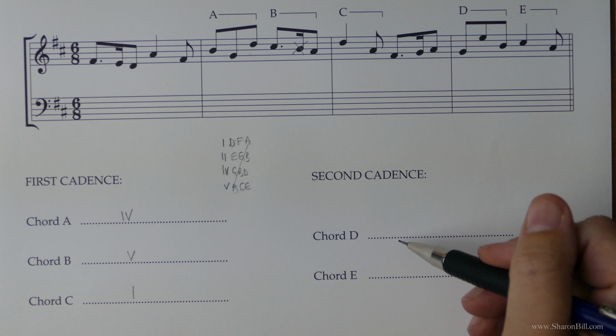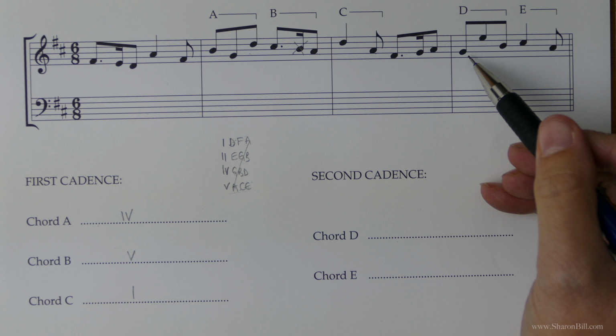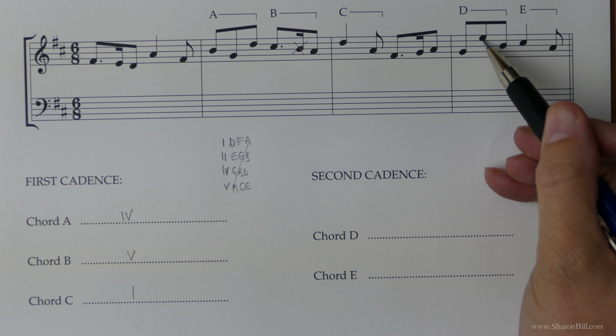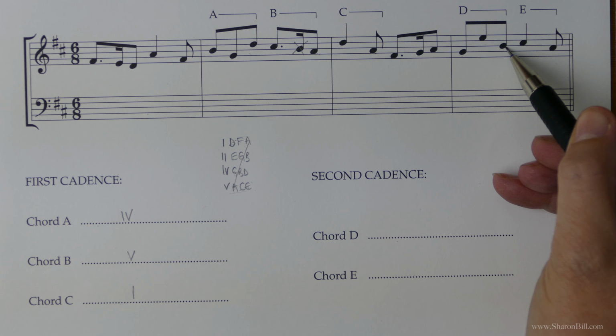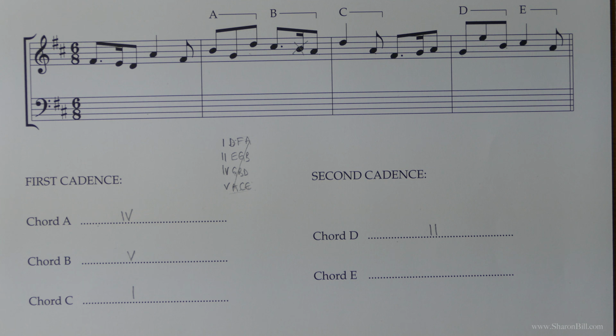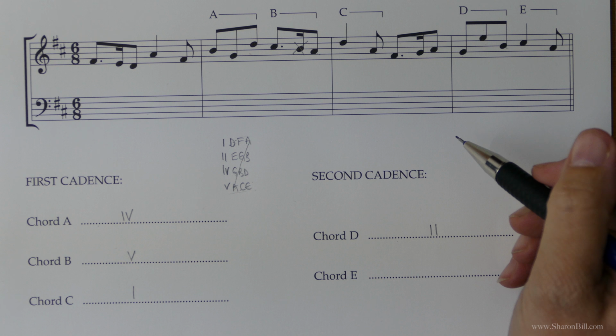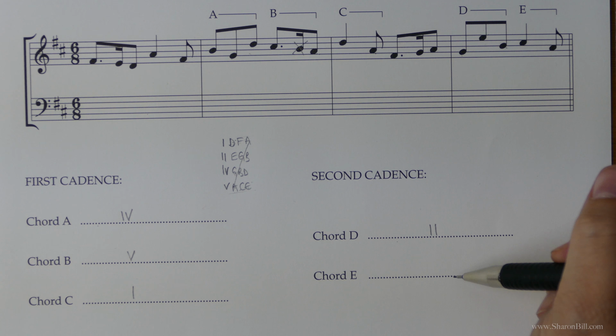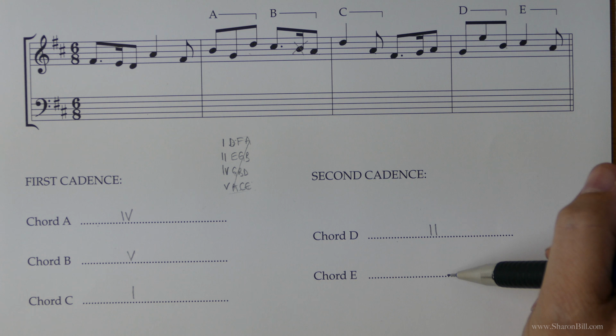So let's look at our second cadence point. So we've got a G, an E and a B. So that would be chord 2. And I'm guessing that this is going to be an imperfect cadence because anything to chord 5 gives us an imperfect cadence.